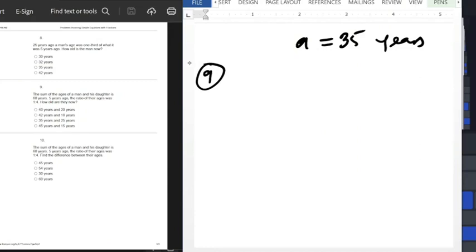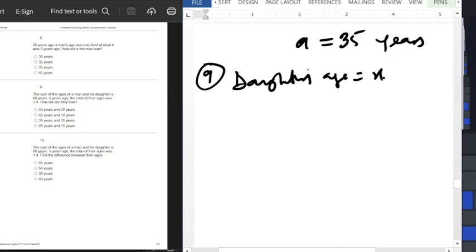Question 9: the sum of the ages of a man and his daughter is 60 years. Let the daughter's age be x. If the daughter's age is x, then the father's age will be 60 minus x, because the sum of their ages gives 60.